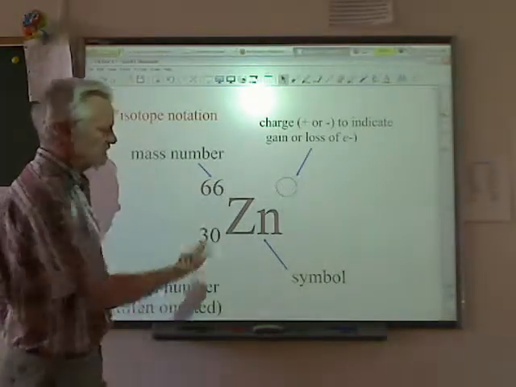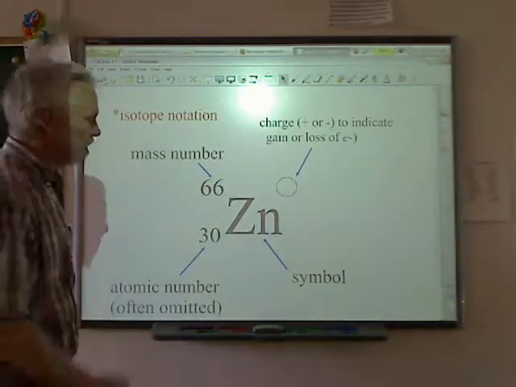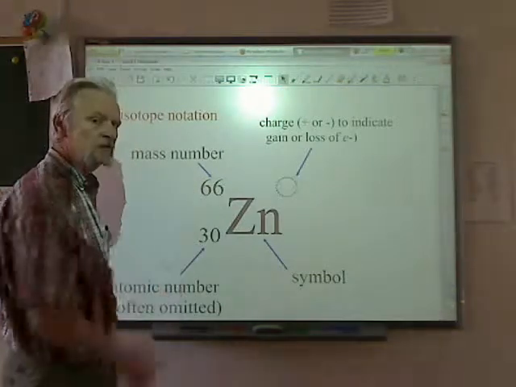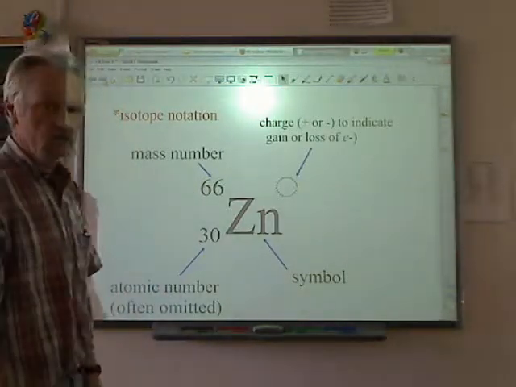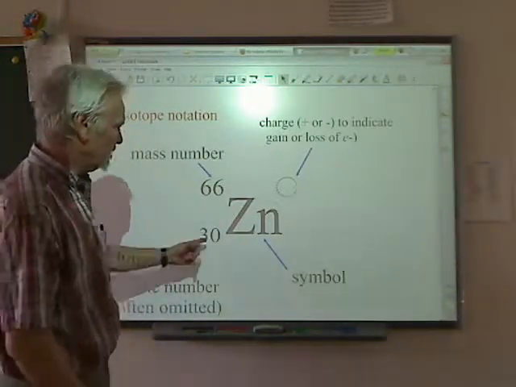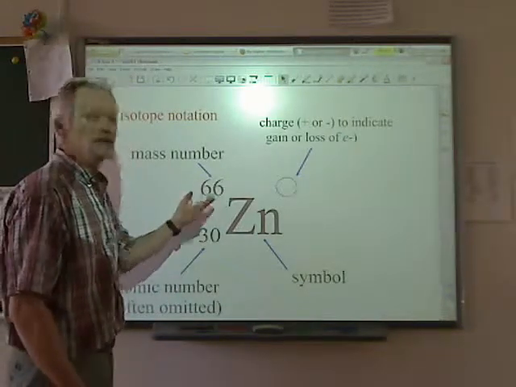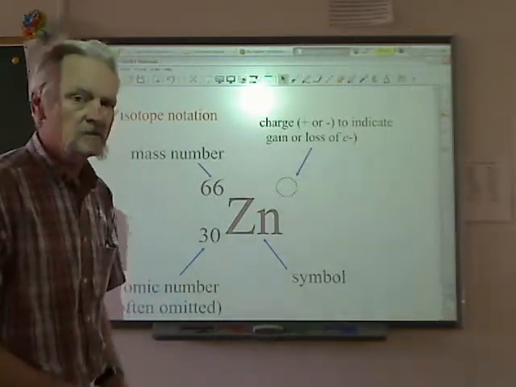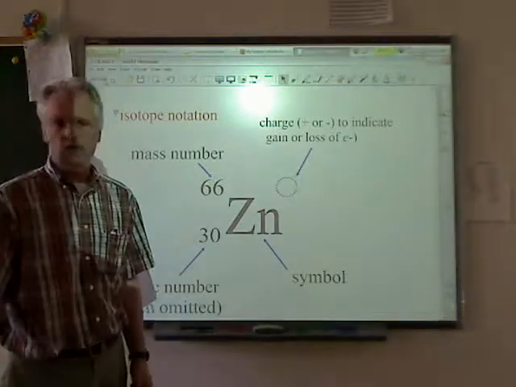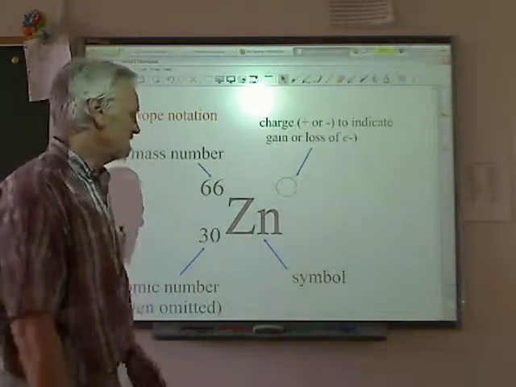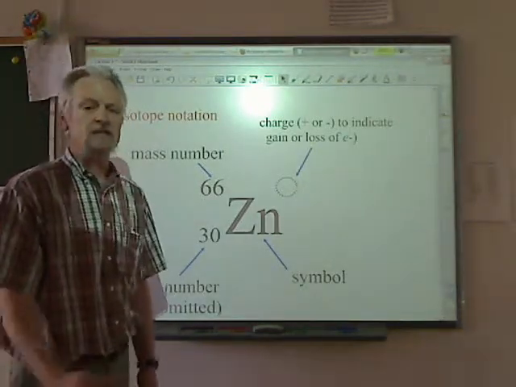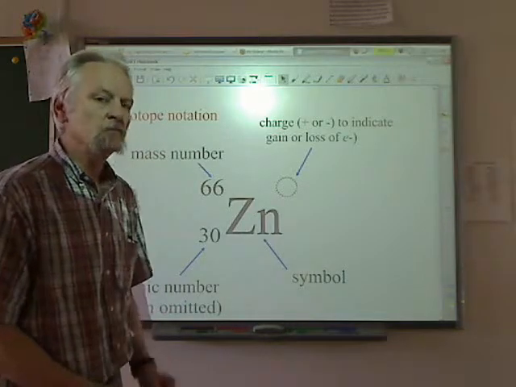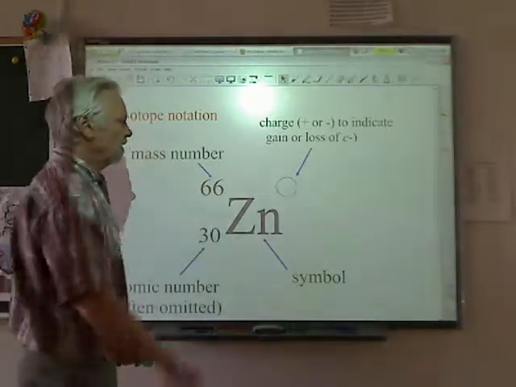So for example, this isotope of zinc would have 36 neutrons, 66 minus 30, and 30 protons, giving us a mass number of 66, and we could in fact refer to this as simply zinc-66, telling us exactly the number of neutrons by subtraction.